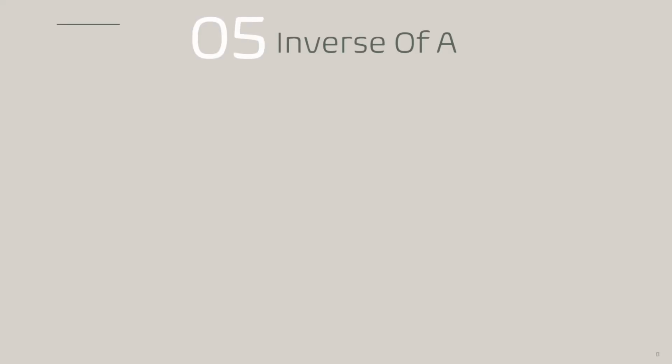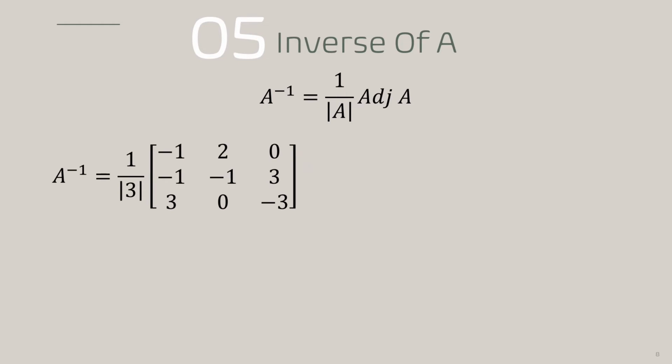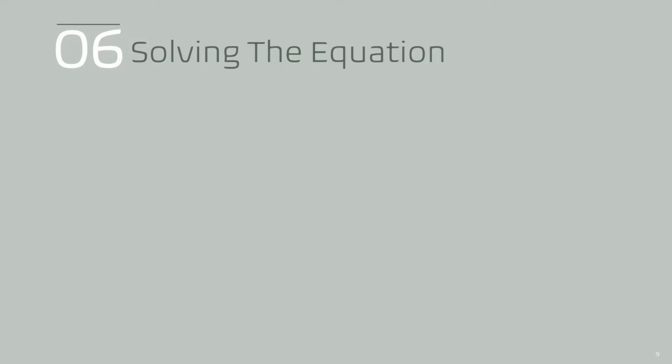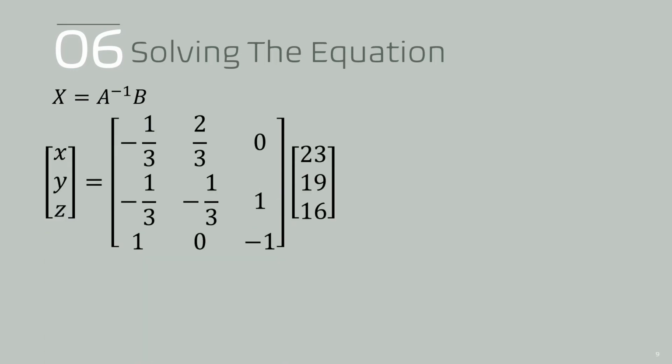Okay, and the next step is to find the inverse of A. The inverse of A equals 1 over the determinant times the adjoint of A. So we will get this as our inverse of A. And the last step is we can solve the equation by substituting the inverse of A and B. So we will get this.